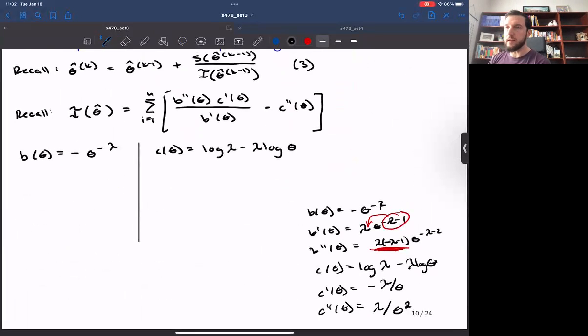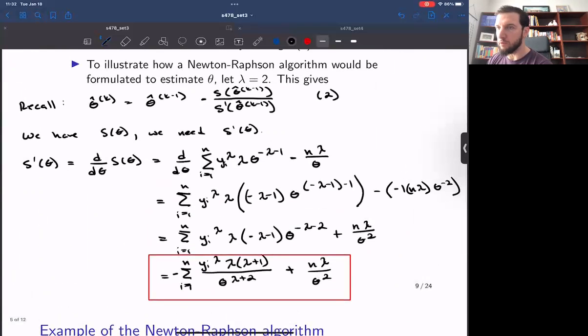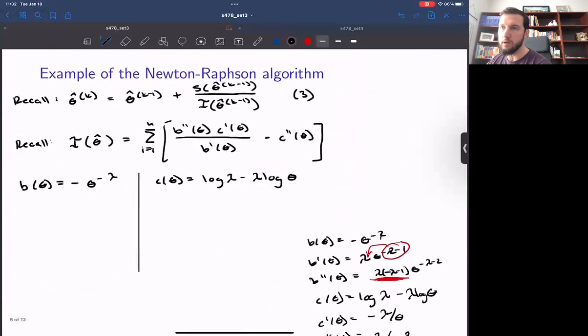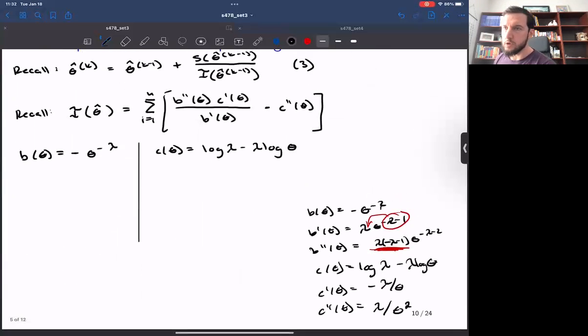Note that in this illustration, we are going to let lambda equal 2. In the expressions we found above, we can just sub lambda equal to 2 in all those cases, and we're going to get more simplification. That being said, it's a little trickier to do it without the 2 being subbed in, so I'm going to try and do it that way, which is what I was doing before.